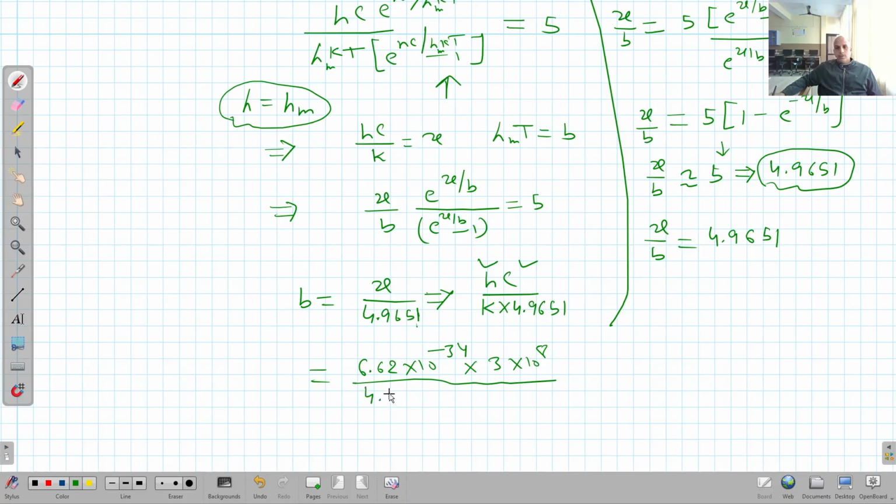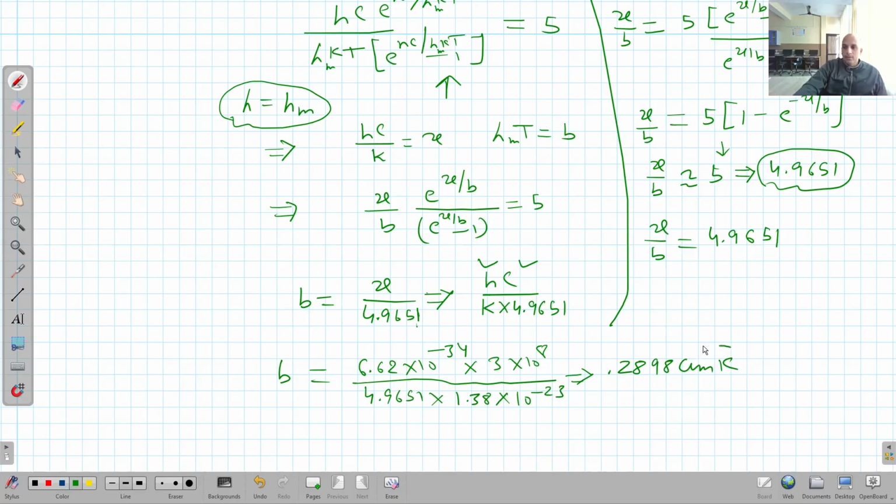First of all, 4.9651 into 1.38, that is k, into 10 raised to power minus 23. When we simplify all these values, we get B equal to this many centimeter Kelvin. So we found the value of B.